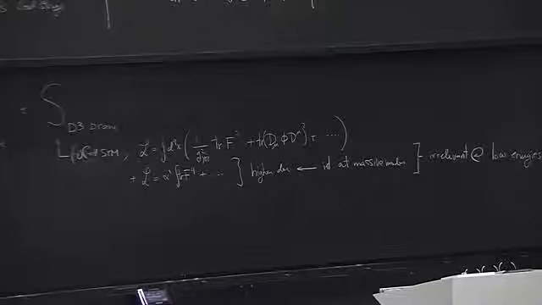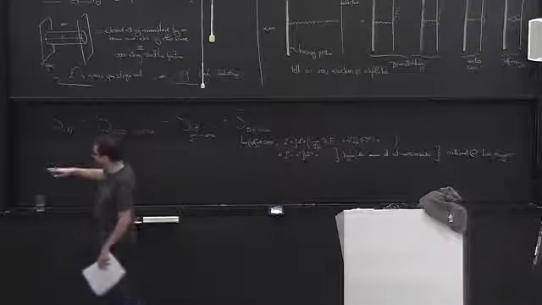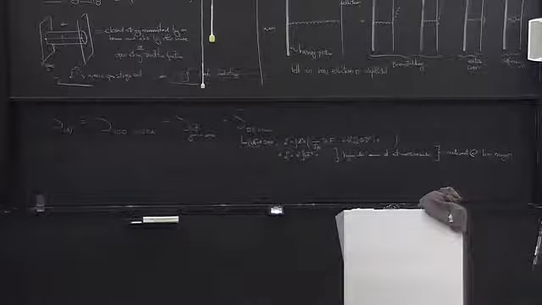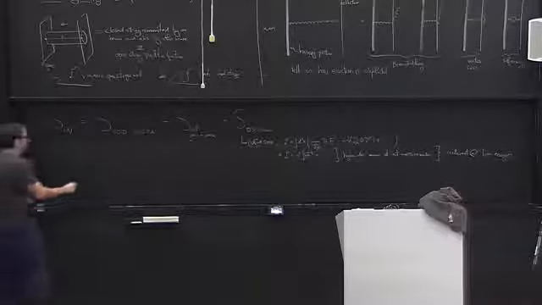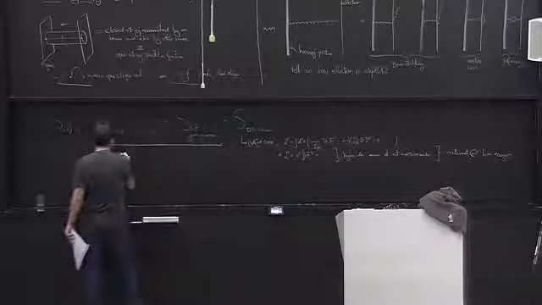Very good. What about the 10D gravity and this stuff? Well, now that I have done this introduction, I don't have to say anything. The point is that, again, if you consider low energies, gravity decouples.